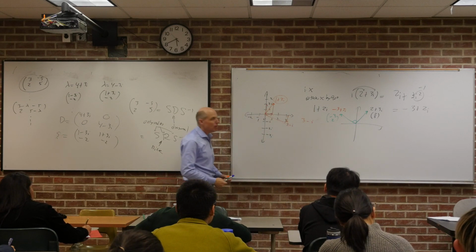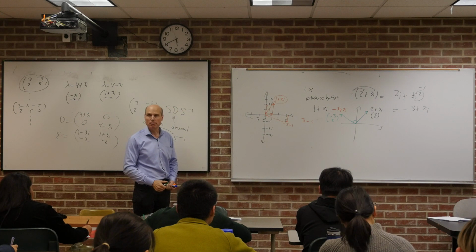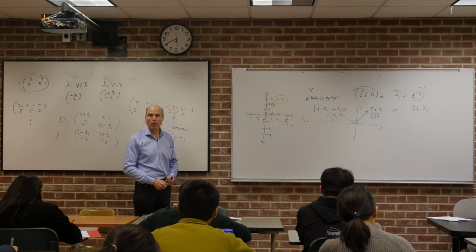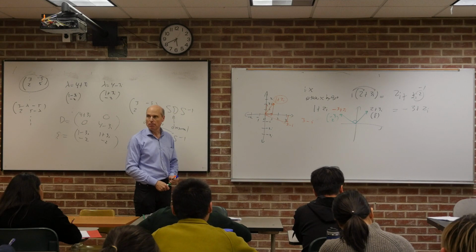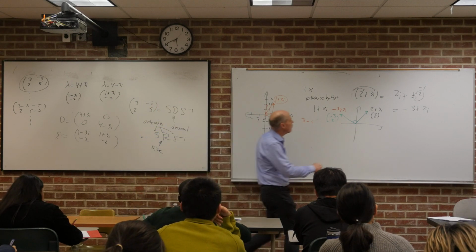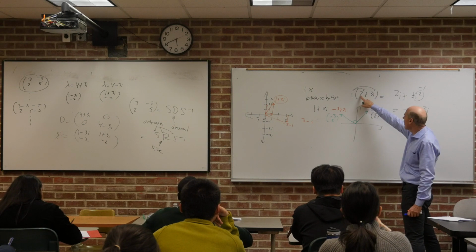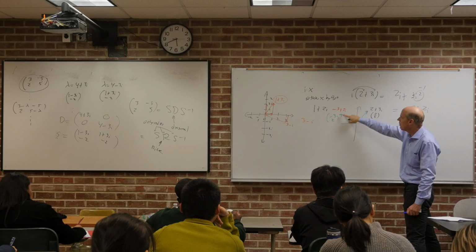Good. Do these really meet at a right angle? Is that really 90 degrees? And how do you know? How do you take two vectors and check to see if they're perpendicular or not? The dot product. Is the dot product 0? Yeah. And you can kind of see how this has to work. Just multiplying both sides by i, this part becomes the imaginary part, and this, the sign changes.